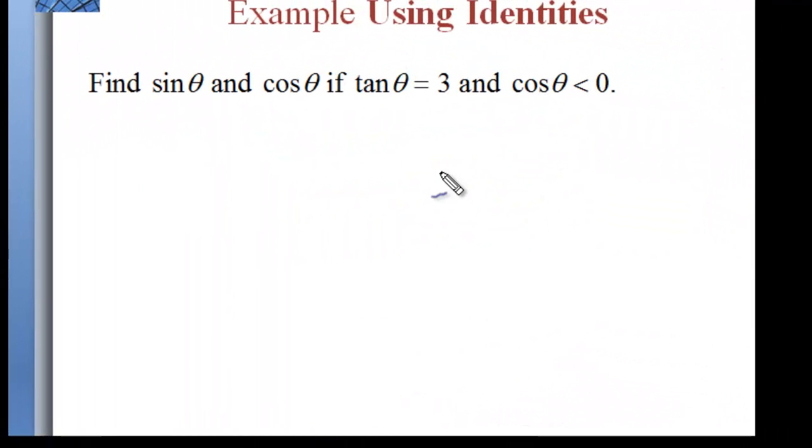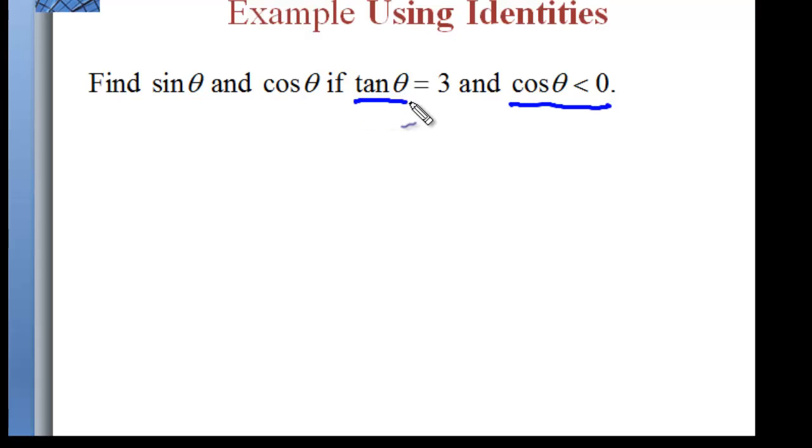Let's use these identities to find some of the trig values. We want to find sine and cosine if tangent of theta is 3 and cosine of theta is less than 0. So this is telling you which quadrant it's going to be in.